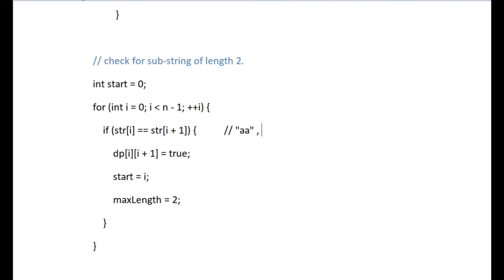Both letters must be the same. The same thing we are doing here: str of I should be equal to str of I plus 1. If this is true, then dp of I comma I plus 1 is true.